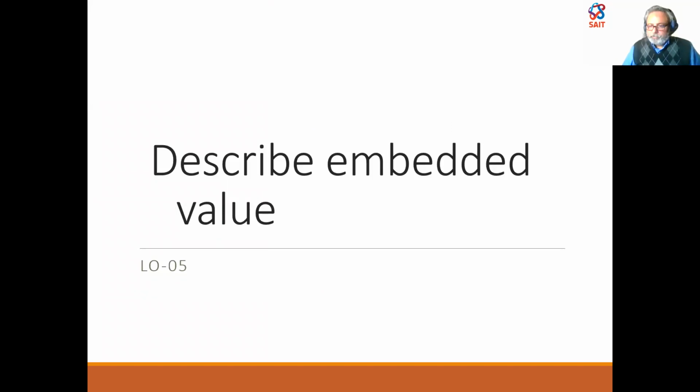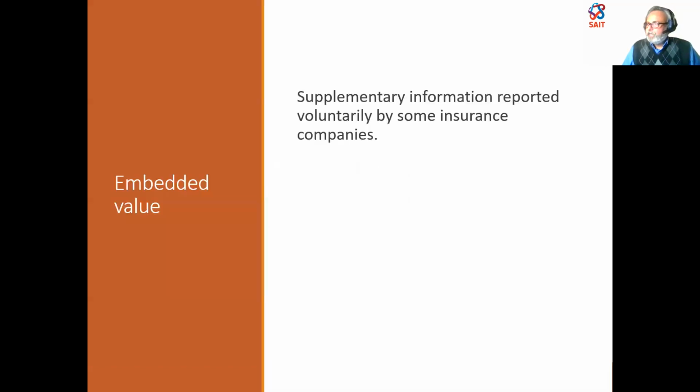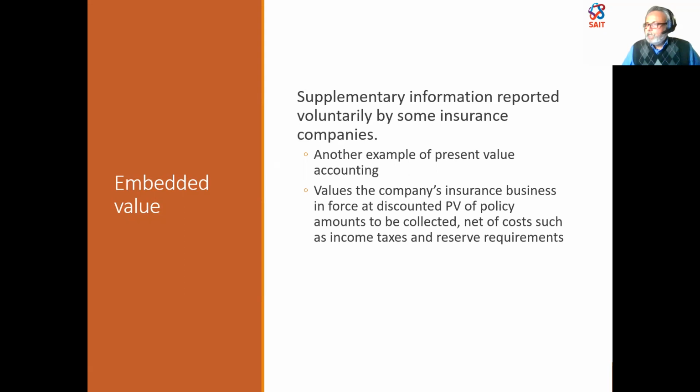So that was one example. Reserve recognition accounting was one example of the use of present values. There's another example in your textbook from the world of insurance, and that's called embedded value. Embedded value is basically supplementary information that has to be provided by insurance companies.